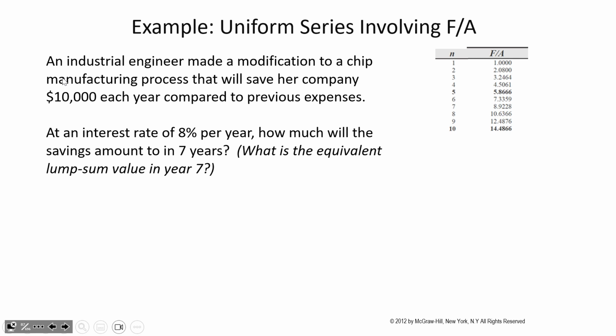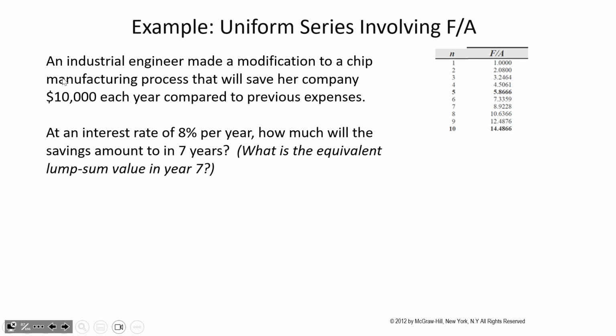When there's an interest rate that applies, it's not meaningful to add together money in different years. Like the $10,000 in year 1 has a different value than the $10,000 in year 2. Sometimes just for the simplicity of contracting, we'll say that the amount due or the amount we're earning each year is the same, but that doesn't mean that each of those dollars has the same value.